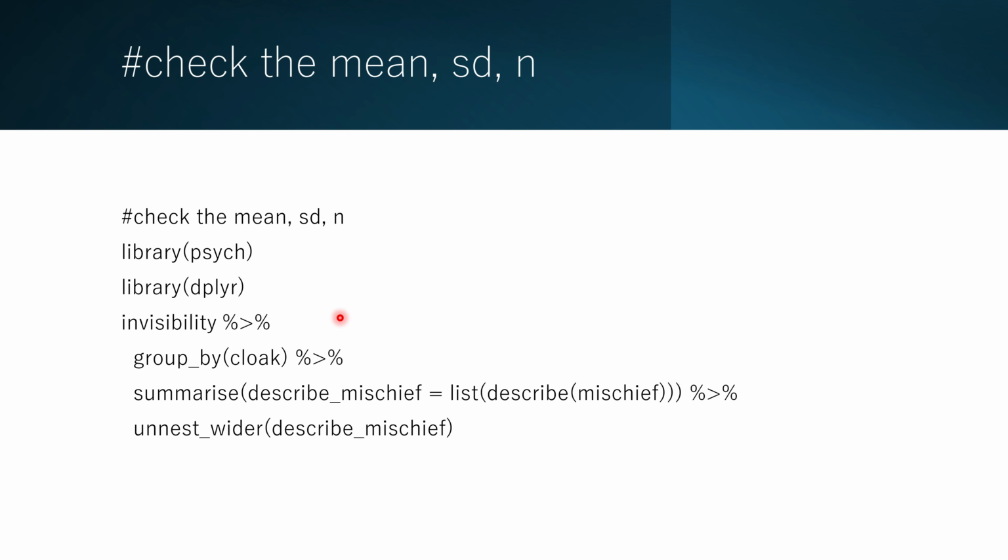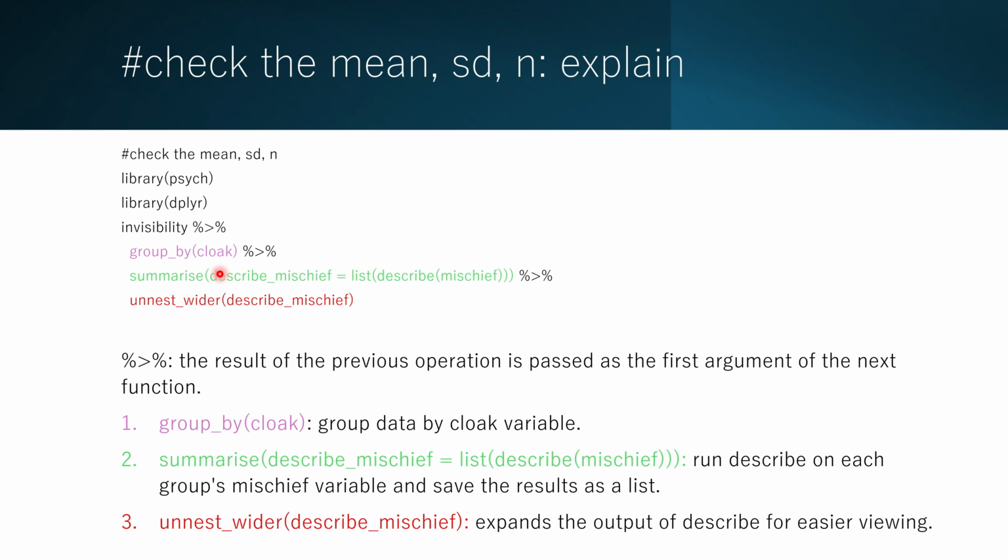Okay, next slide. This slide shows checking the mean, standard deviation, and sample size n, and this is conducted by group. We use the pipe in this command.